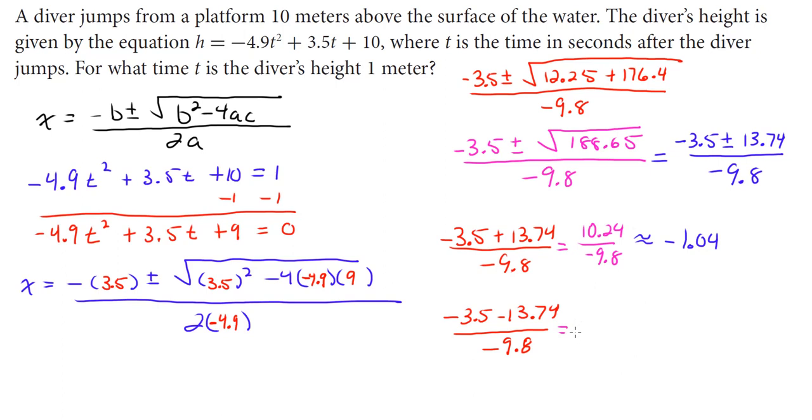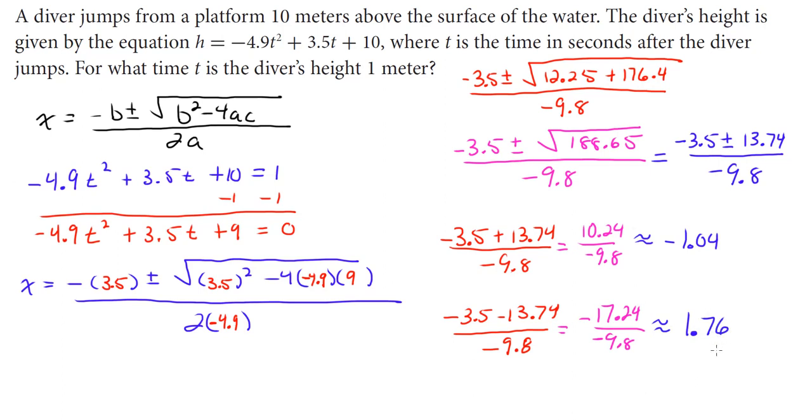Let's simplify the other fraction, better said. So negative 3.5 minus 13.74 is negative 17.24, divided by negative 9.8 and rounded to the nearest hundredth is approximately 1.76.